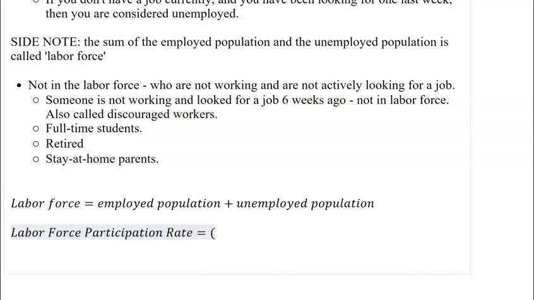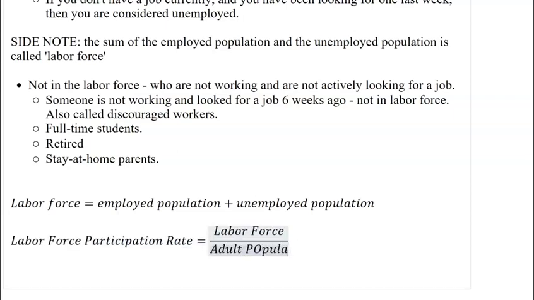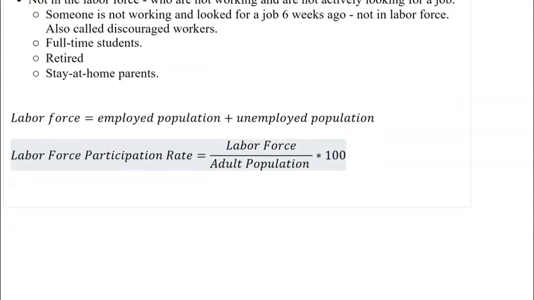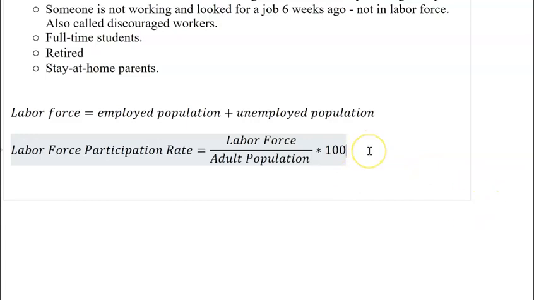This is equal to the labor force divided by the adult population times 100. So the labor force participation rate tells us what proportion of the adult population is either working or is actively looking for a job.